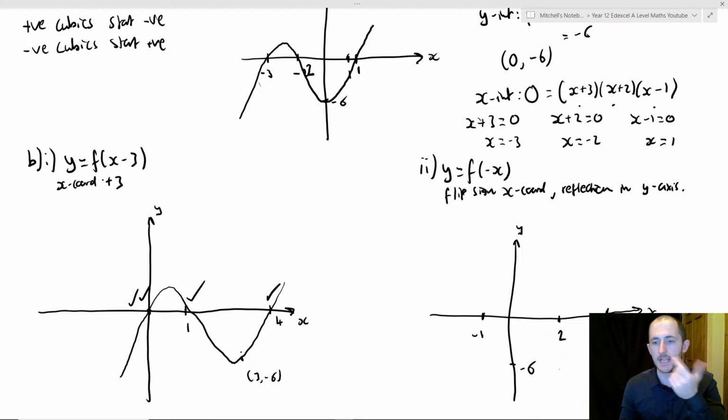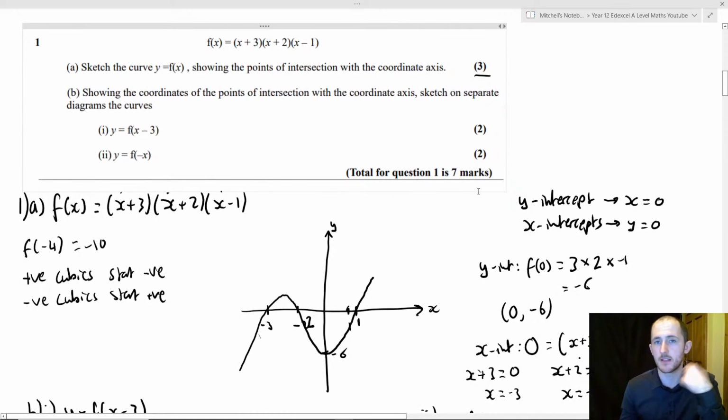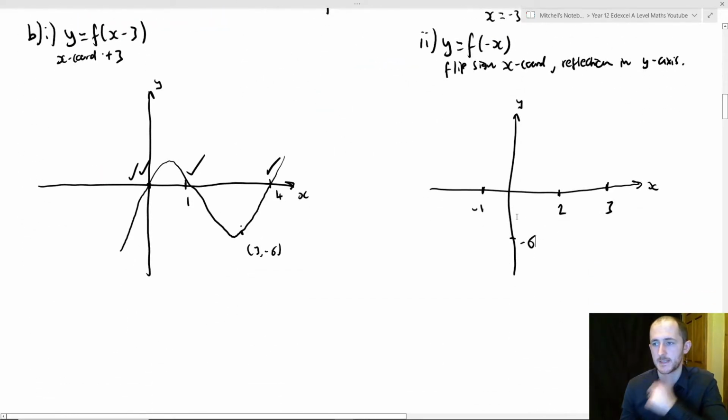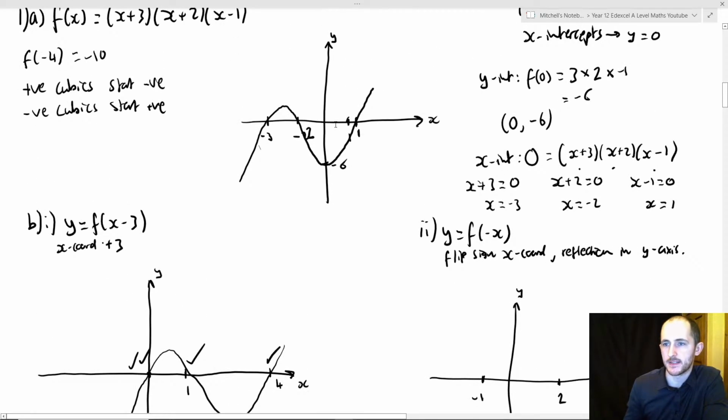Okay. In general, with these kinds of questions, when it's a 2-mark transformation, you get 1 mark for getting the coordinates correct, and you get 1 mark for the shape being correct. Now, in this question, however, if we reflect this in the y-axis, can you see it's going to start from the top?